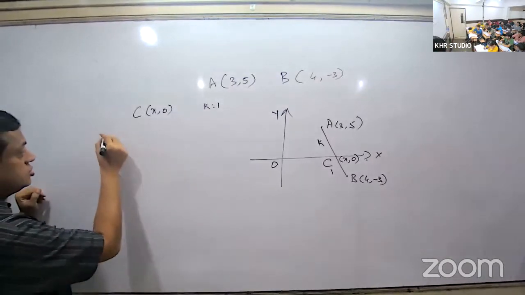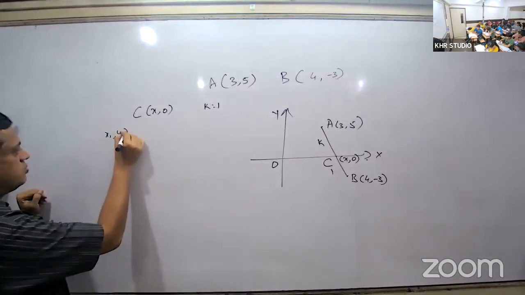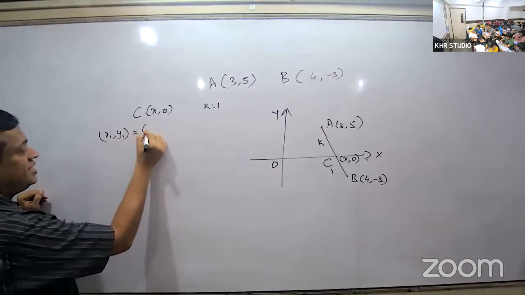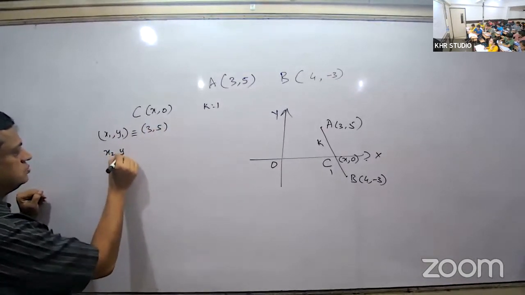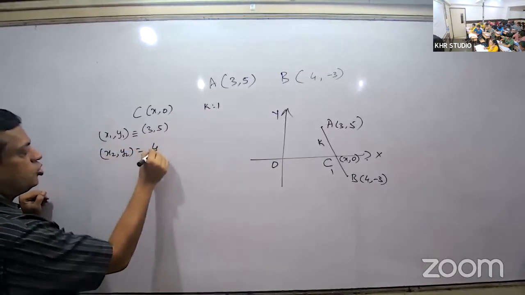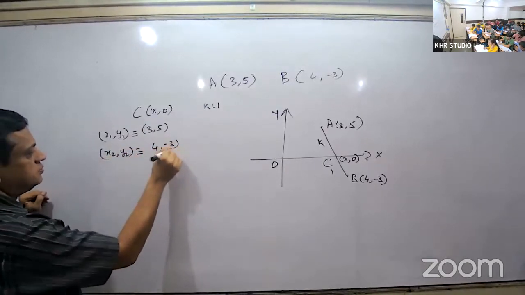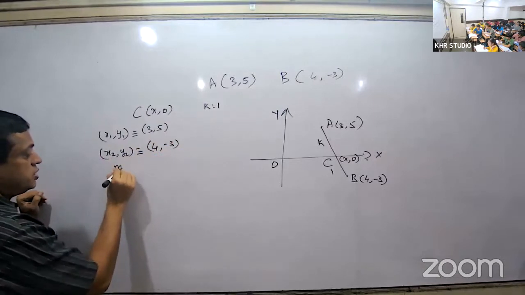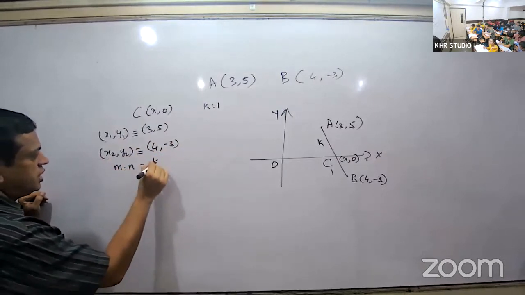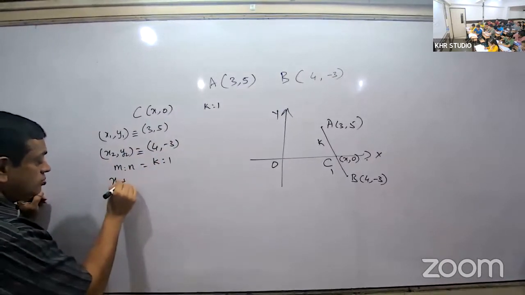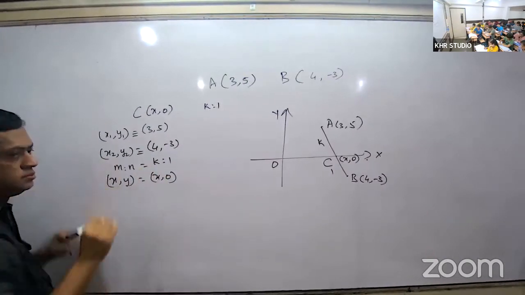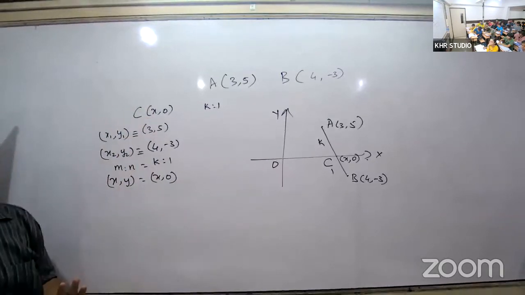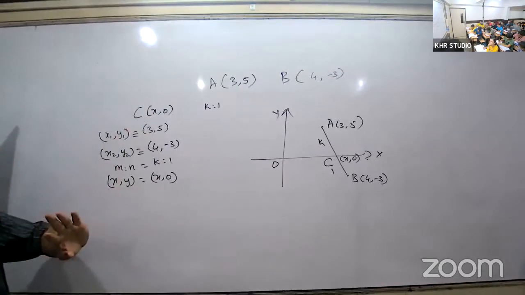Now write the values. (x1, y1) is equal to what? (3, 5). (x2, y2) is (4, minus 3). m is to n is same as k is to 1. (x, y) is equal to (x, 0). So whatever is required is written.